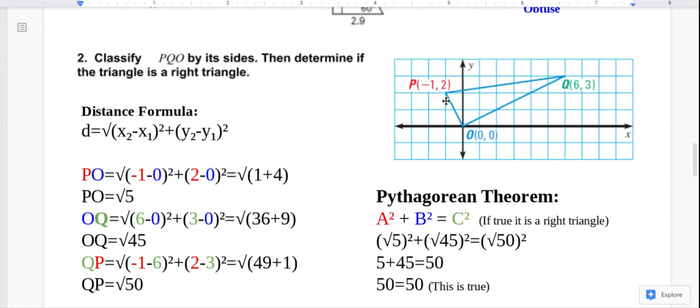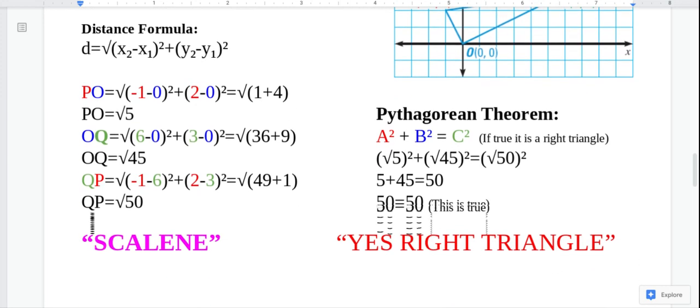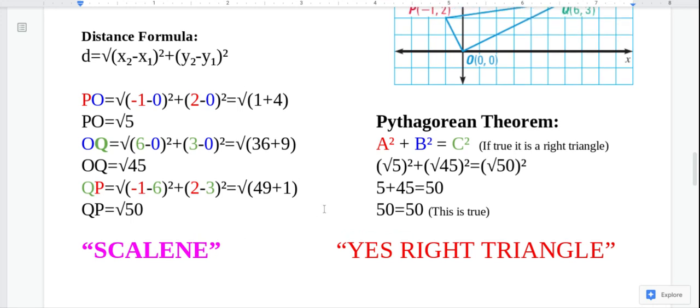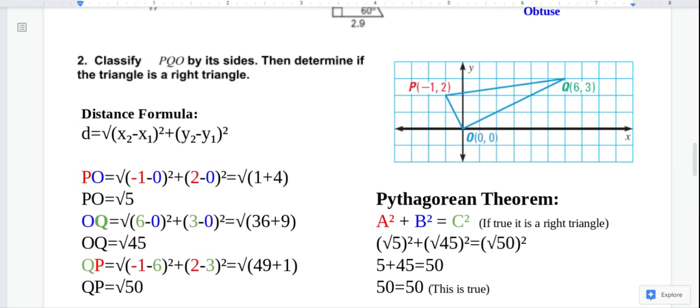So we know all 3 sides, square root of 5 for PO, square root of 45 for OQ, and the square root of 50 for QP. No sides are the same length, so it's a scalene triangle. Now we need to determine if it's a right triangle or not.